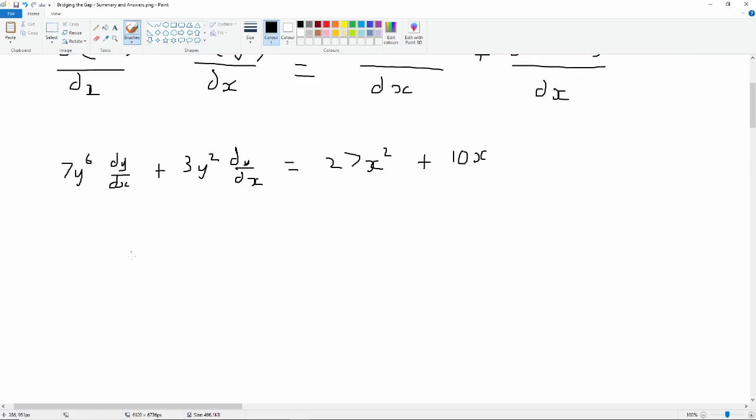Okay, factor out the dy by dx. That's dy by dx times (7y to the power 6 plus 3y squared), and that's equal to, well, all of that.